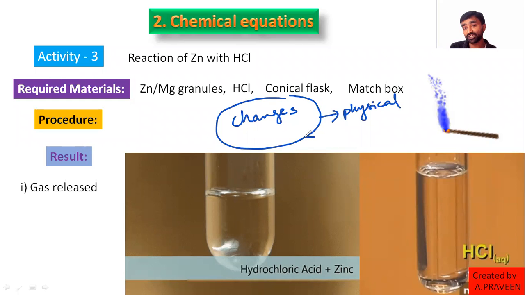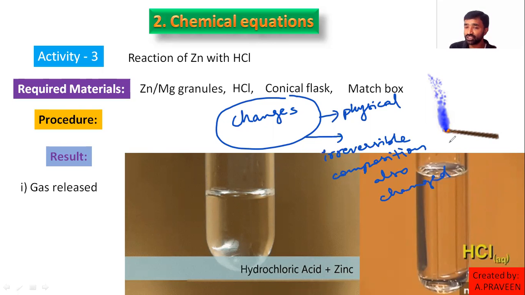If the changes are irreversible, right, irreversible, and the chemical composition also changed, then that type of changes are called permanent changes, and they are given here as chemical changes.